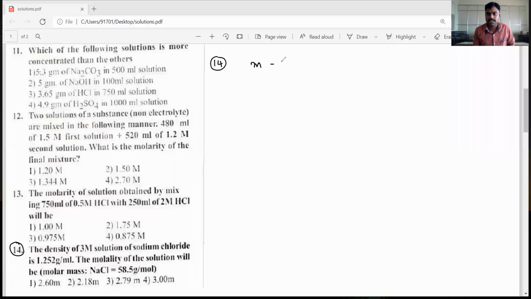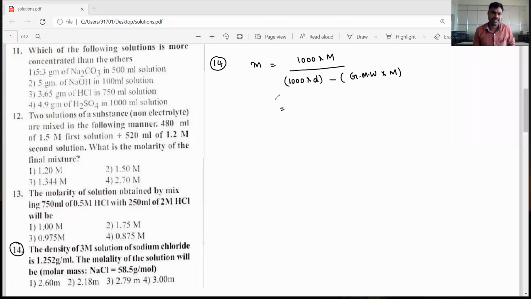The 12th and 13th questions are the same model. In the 14th question, the molarity of a 3 molar NaCl solution is given, the density is given, and we need to find the molality. We know the relation between molarity and molality. Molality equals 1000 into molarity, divided by 1000 into the density of the solution minus the gram molecular weight of solute into the molarity of the solution.